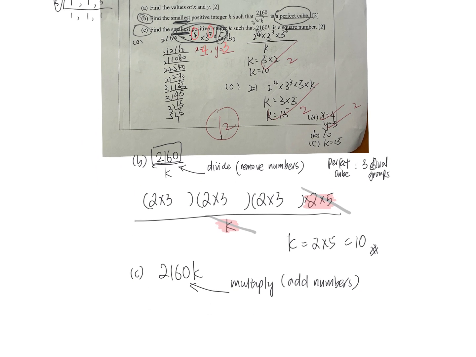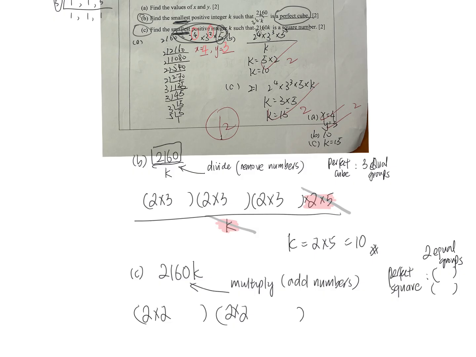So you look, they say perfect square. Perfect square means 2 equal groups. So to divide this into 2 equal groups, okay, I have 4 2's. So very nice. Each of them gets 2.